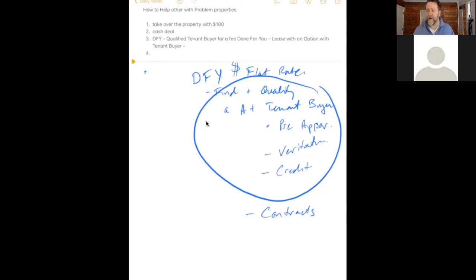Lots of times people are looking for turnkey, hands-free deals, but this way it still leaves them in full control of the deal, because ultimately they get to say yes to who that tenant buyer is. All the paperwork is with them and the tenant buyer, so they have full control, which adds a level of confidence for many people, because they know that everything rests on them and they're going to deal with it.